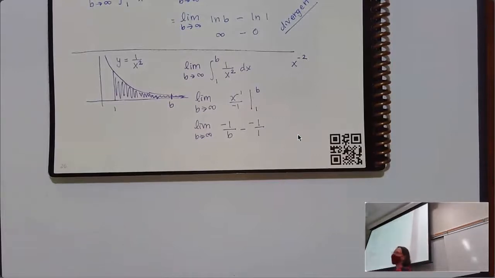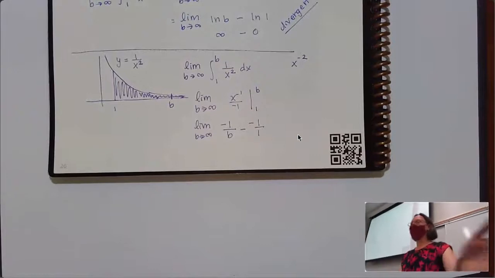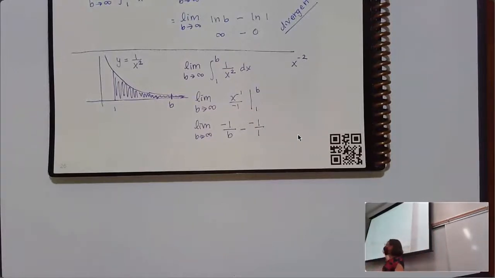Now this part relies on you having some 16A memory, which depending on when you took it, maybe you do, maybe you don't. But I've got 1 divided by infinity here. If I had $1 and I decided to be generous and share it with everybody at UC Davis, how much money does everybody get? Barely anything.